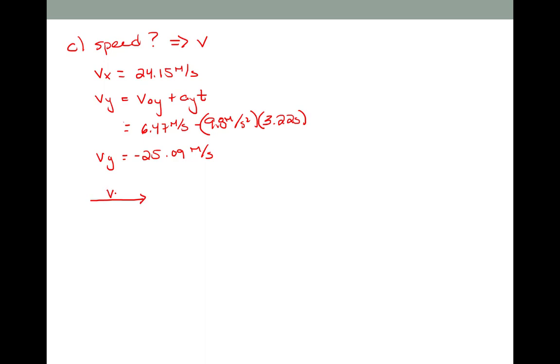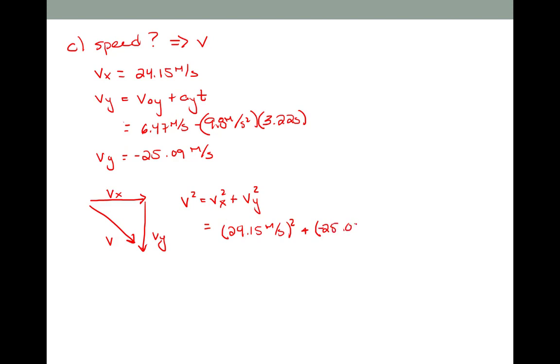I have Vx going this way, I have Vy going downward, and V is on the hypotenuse of that triangle. So you can see, hopefully, that I can use the Pythagorean theorem to find the magnitude. What is it?